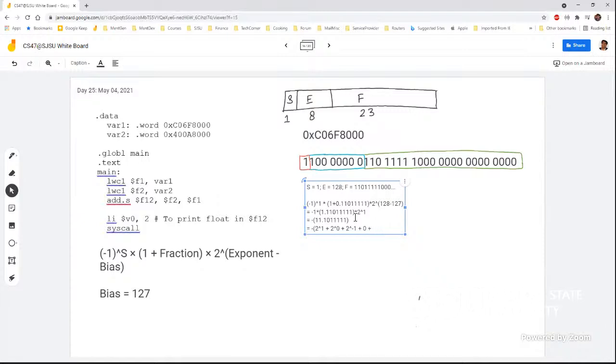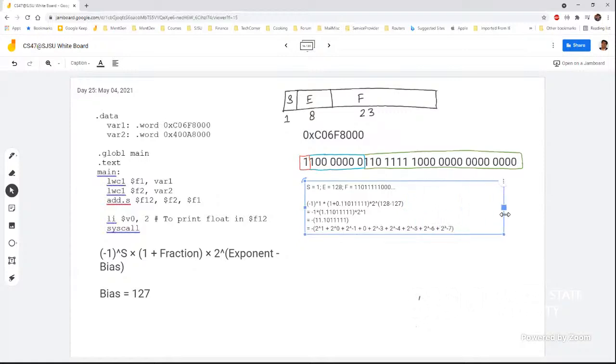Okay, 2 to the power minus 1, 2 to the power minus 2, 2 to the power minus 3, plus 2 to the power minus 4, plus 2 to the power minus 5, plus 2 to the power minus 6, plus 2 to the power minus 7.